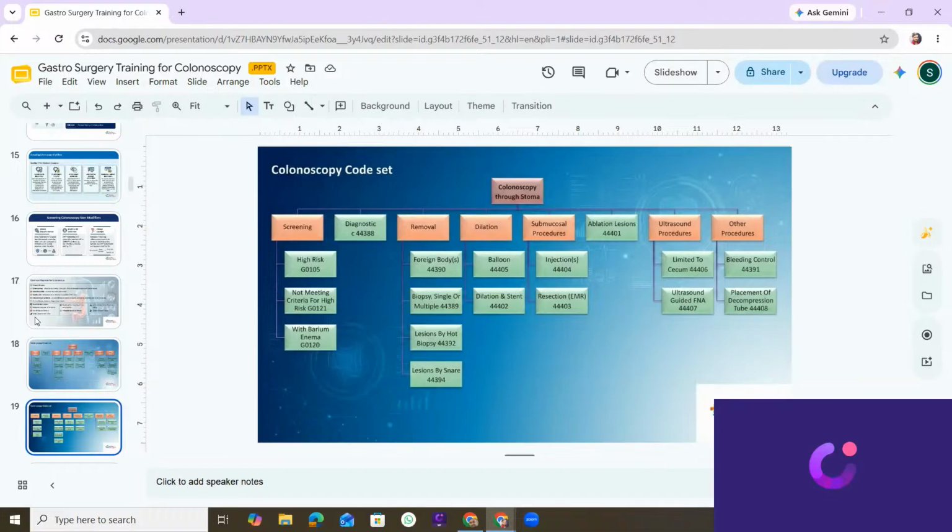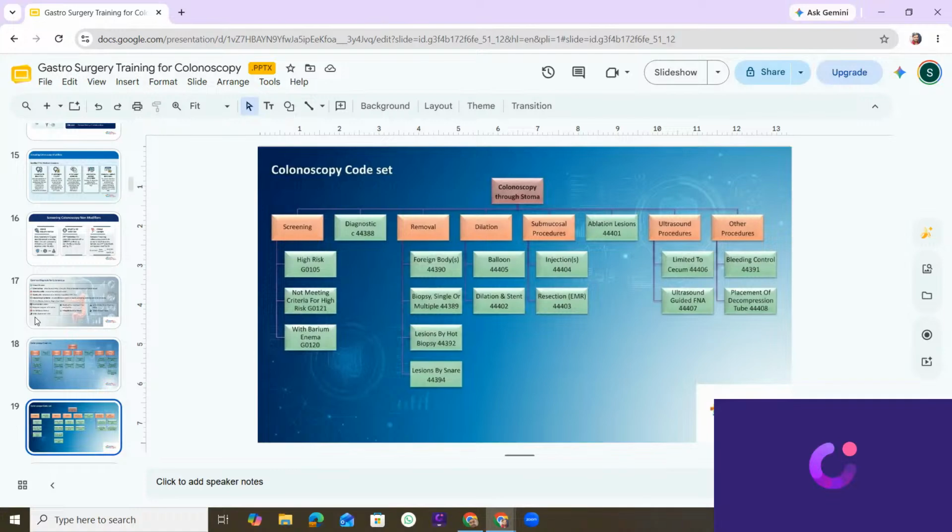Resection EMR, 44403. Ablation of lesion, 44401. Ultrasound guidance limited to the sigmoid, 44406. Ultrasound guidance with FNA, 44407. Bleeding control, 44391, or placement of decompression tube, 44408.